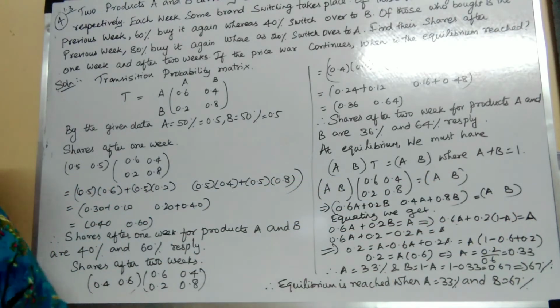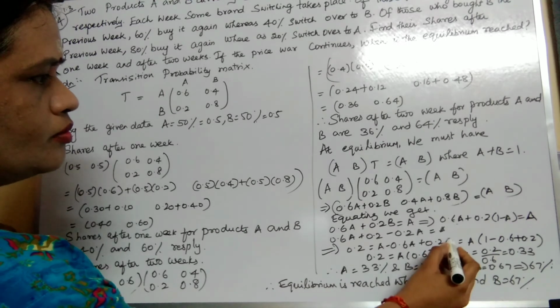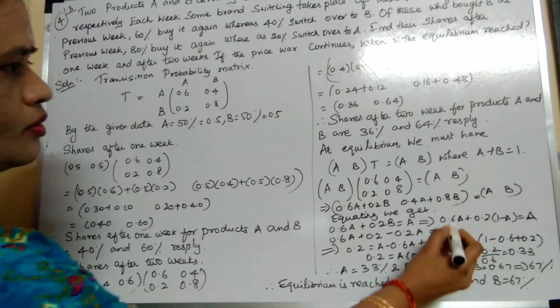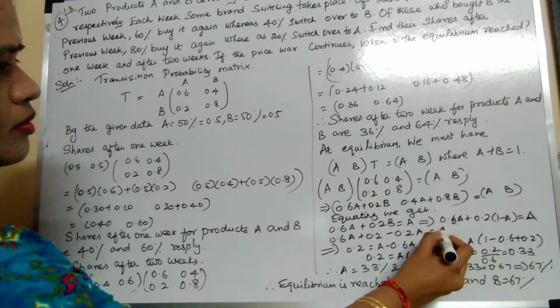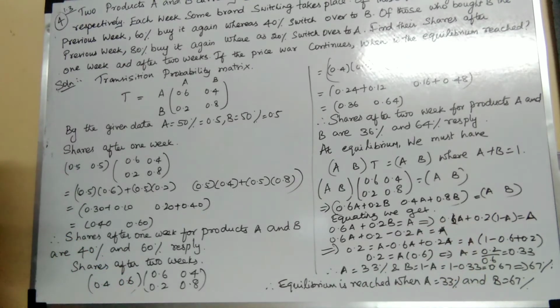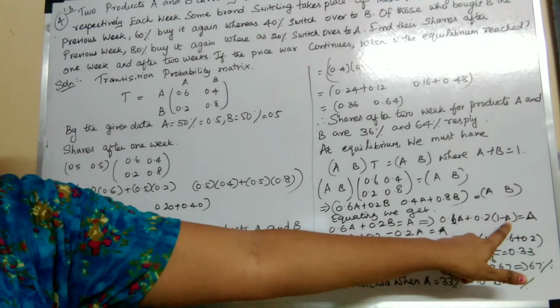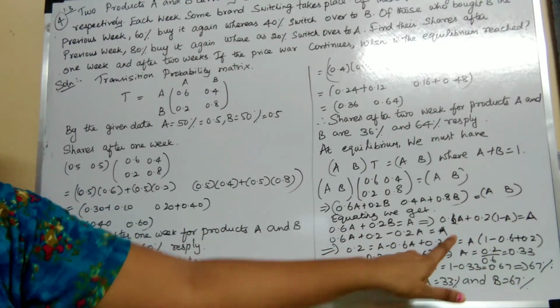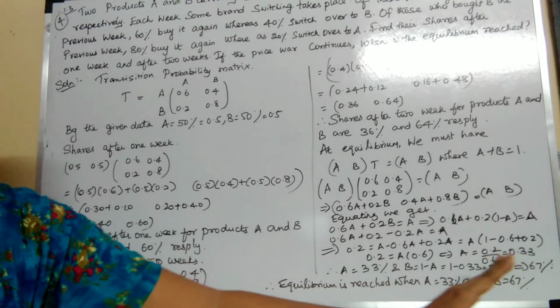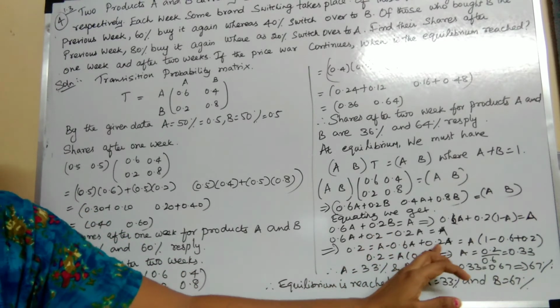So you get 0.6A plus 0.2 into 1, which is 0.2, and 0.2 into A is 0.2A, equal to A. Clubbing all the A terms on one side and the constant 0.2 on the other, you get A minus 0.6A plus 0.2A.